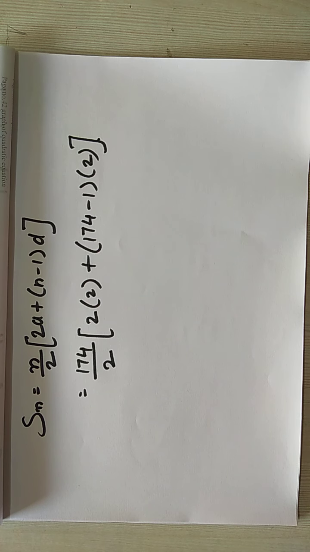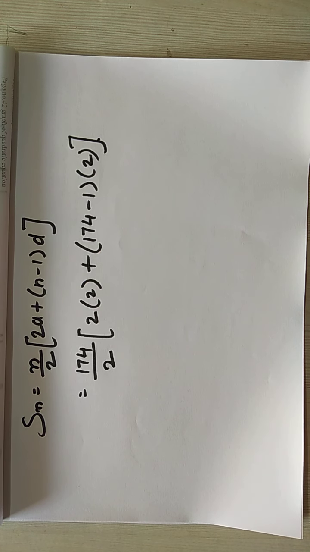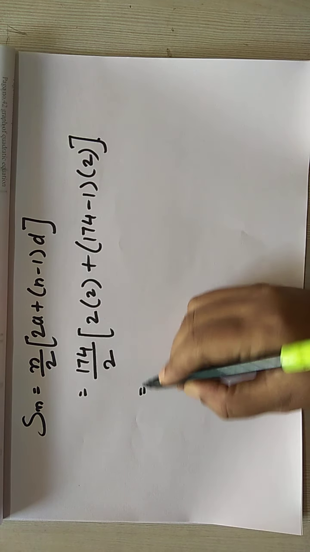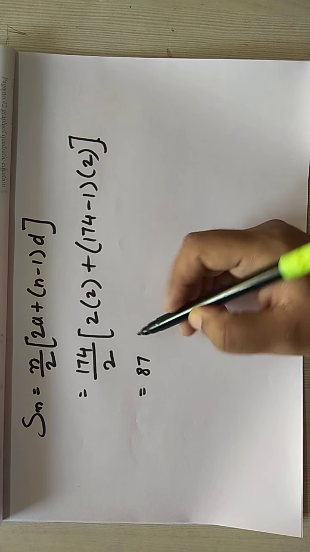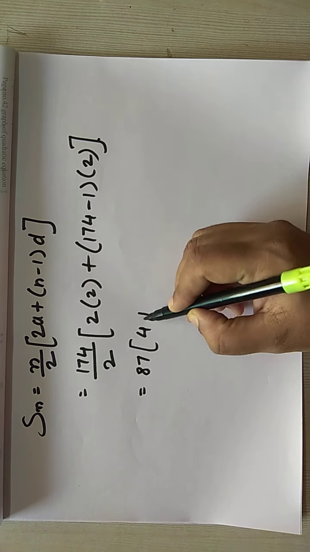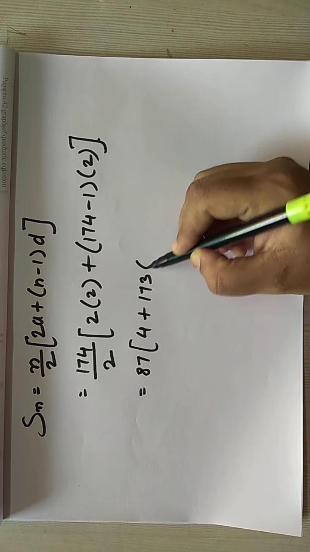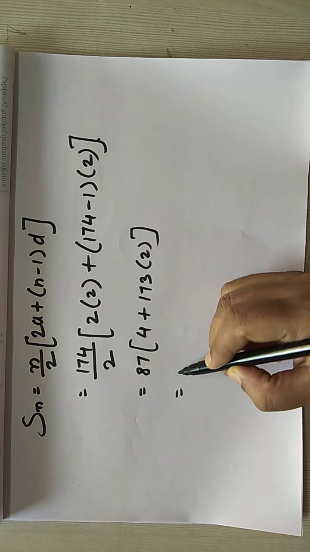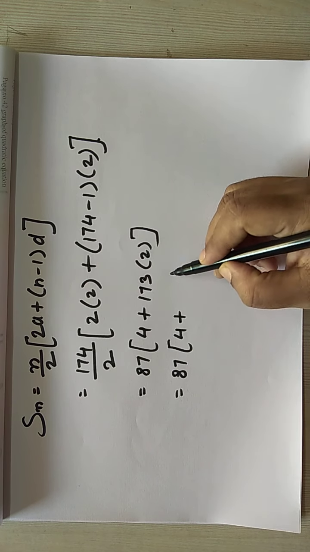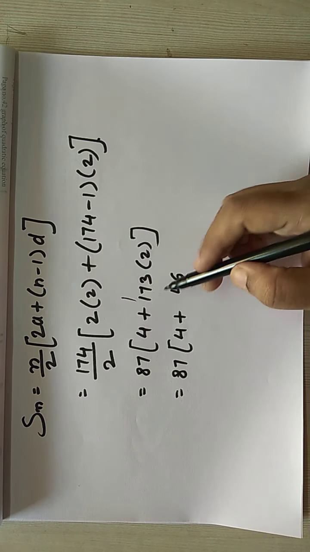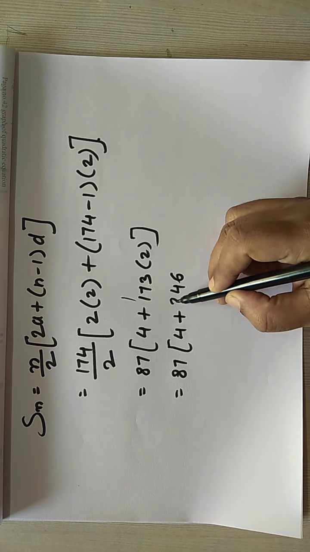The numbers are at a distance of 2 from each other. So we have the formula and the substitution. Now let's solve the sum. This will be 174 upon 2, which is 87, into 4 plus 173 into 2, which is 4 plus 346, which is 350.